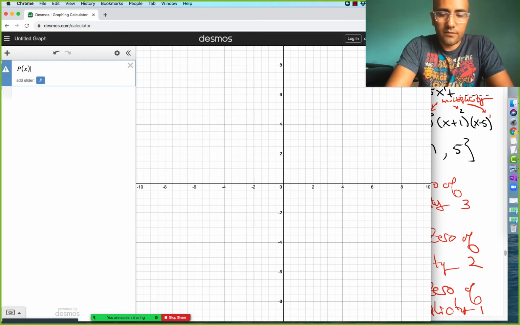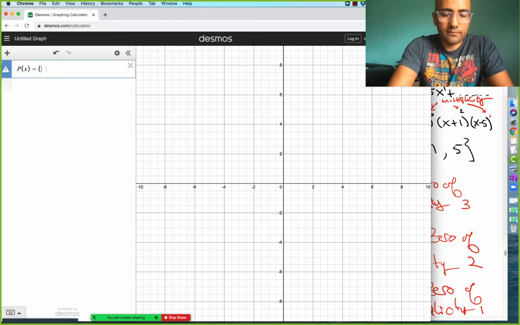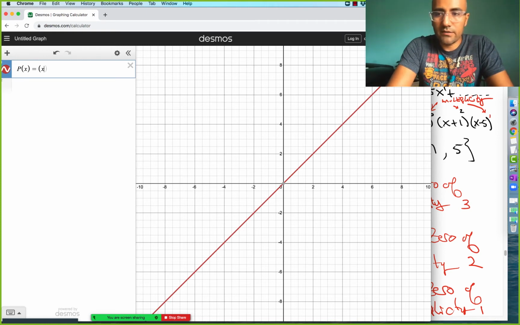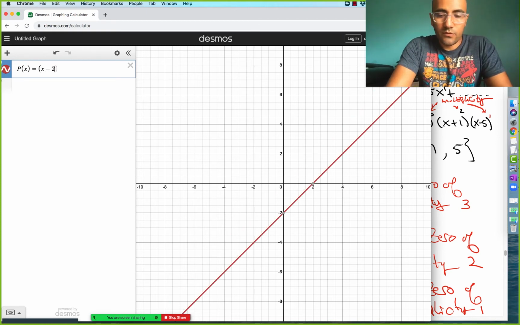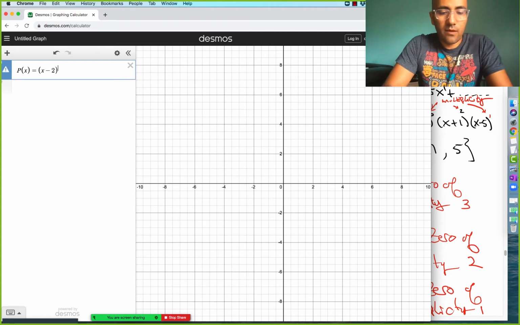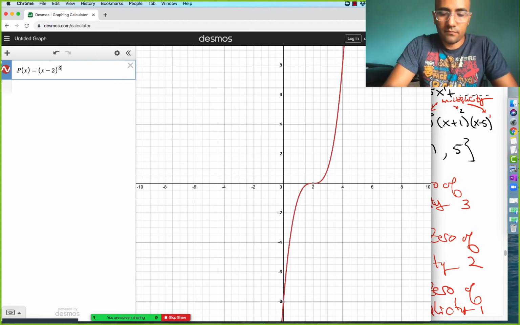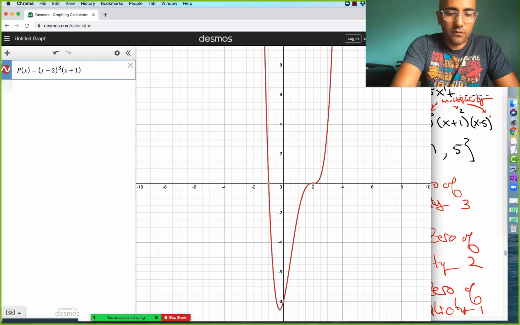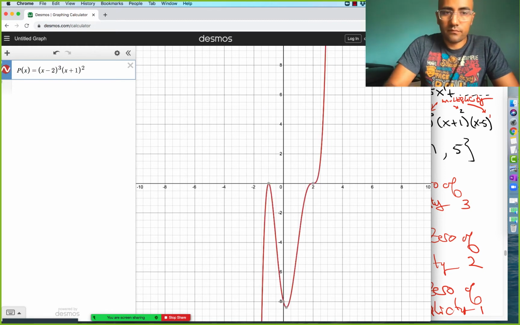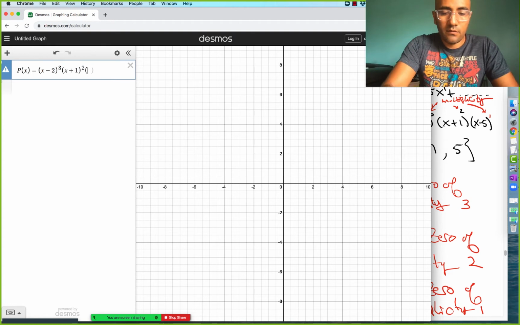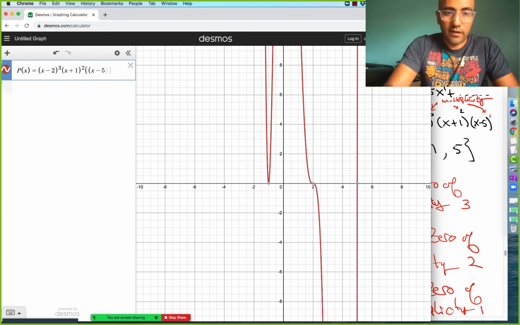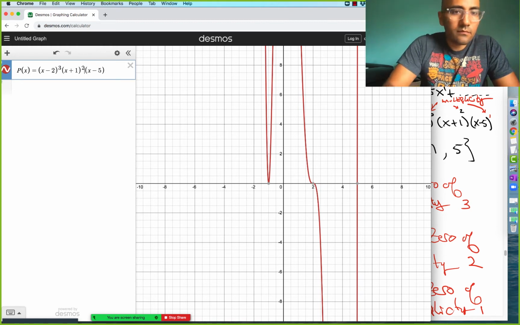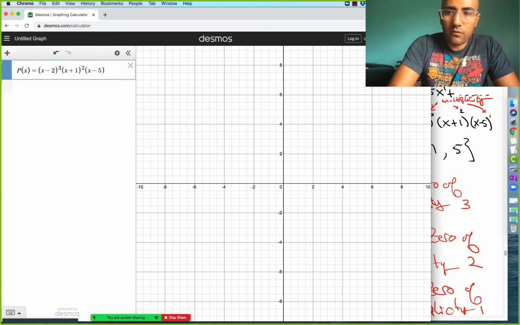P of x equals, and then we had (x - 2) to the power of 3, (x + 1) to the power of 2, and (x - 5) to the power of 1.